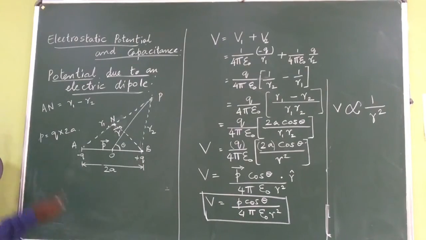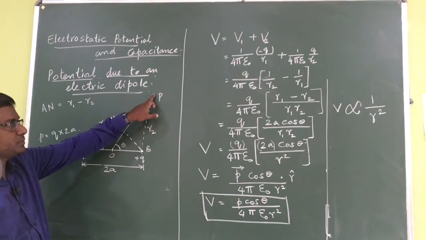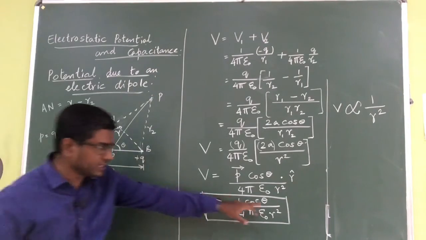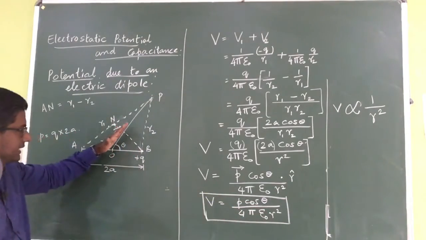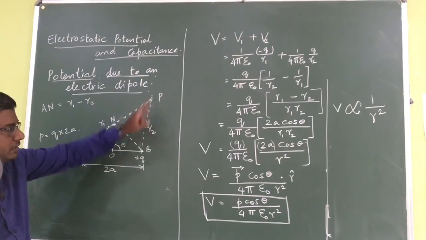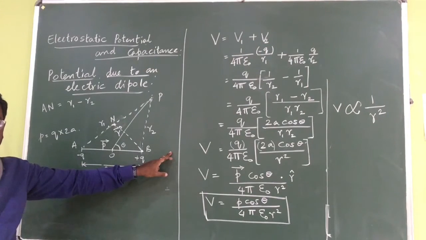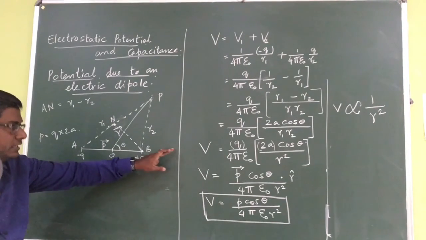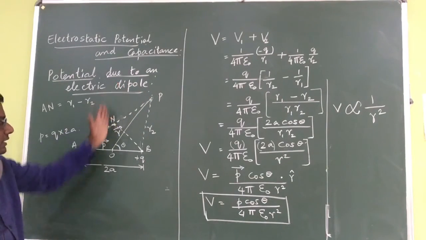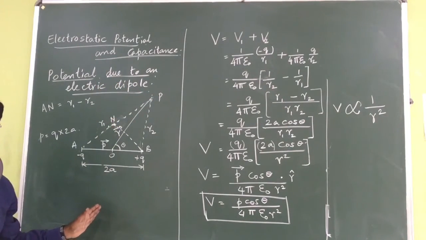Special cases: there is a possibility that this point P can appear here, because we took a general case where theta is like this. The theta can become 0 and this point P will come on the axis. That is one possibility. Another possibility is that P is going to turn here and appear on the equator.